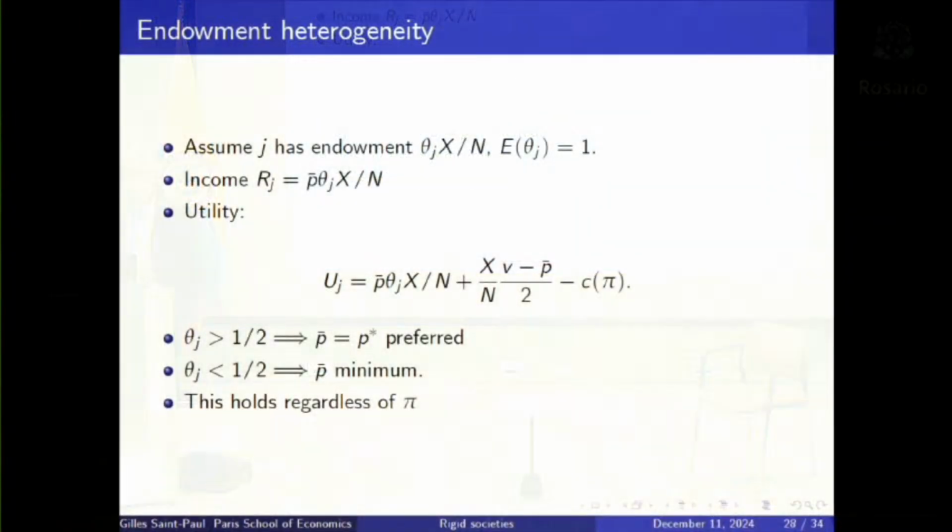person J has an endowment, theta J X over n. So I own a fraction theta j of the total supply of goods in this economy. Okay. So that determines my income, and then I can substitute this into my utility.